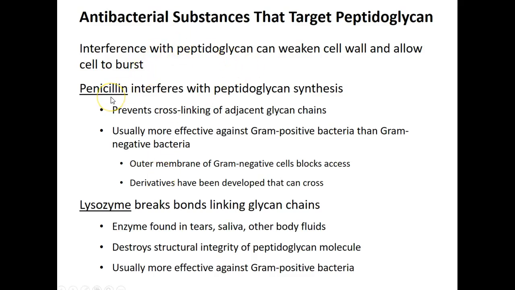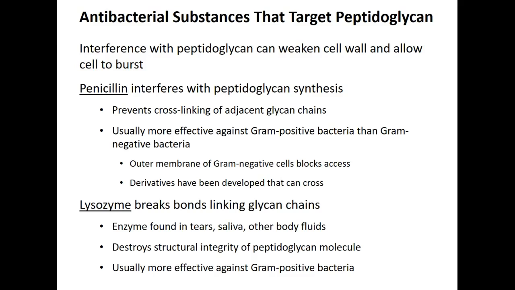Now, when you look at microbes, some of them make certain chemicals to try and interfere with the ability of other microbes to grow. Penicillin is an antimicrobial substance actually produced by some molds. These molds, when they produce penicillin, interfere with peptidoglycan synthesis. So, as you saw the two cell walls, the one that was most dependent upon peptidoglycan is the gram-positive cell.